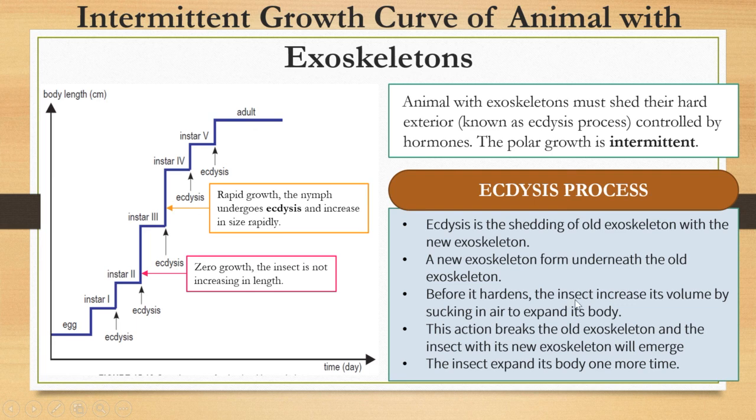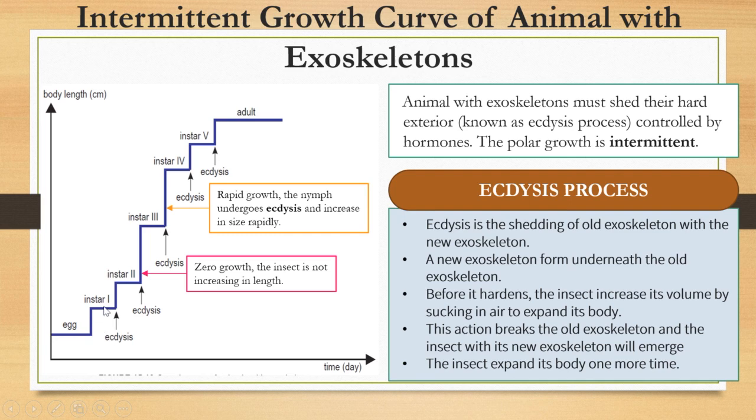This action breaks the old exoskeleton, and the insect with its new exoskeleton will emerge. Then the insect expands its body one more time. That is the ecdysis process.